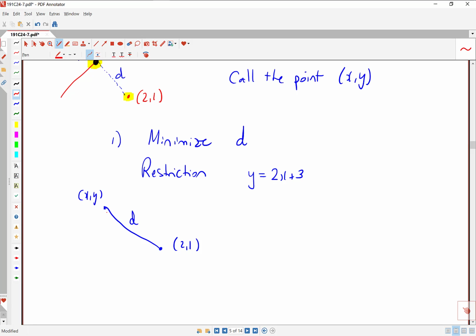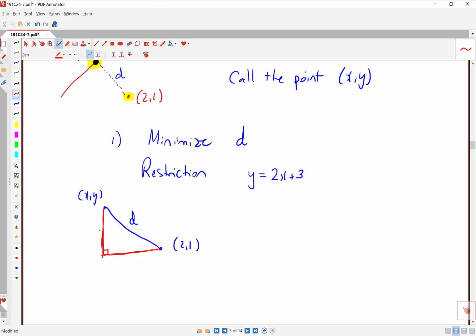The way to figure out the distance is just to realize that we've got this right triangle here. So we can think about the vertical distance between our 2 points, and we can think about the horizontal distance between our 2 points. Those two side lengths are at right angles, so then we could use the Pythagorean theorem to get our distance d.